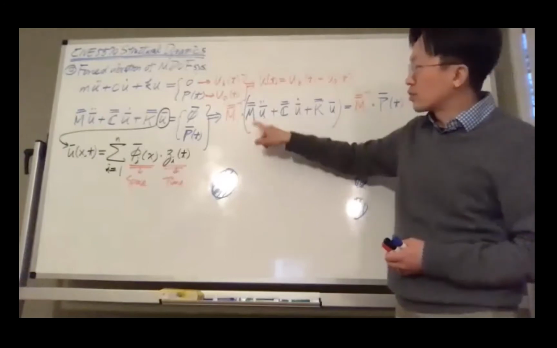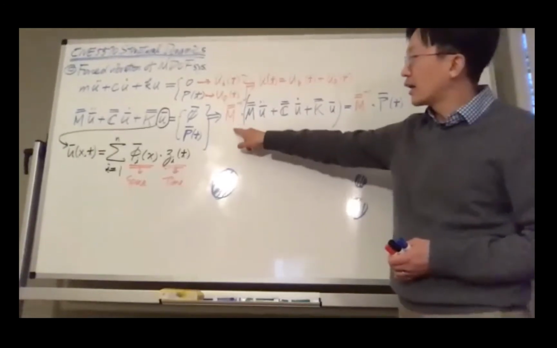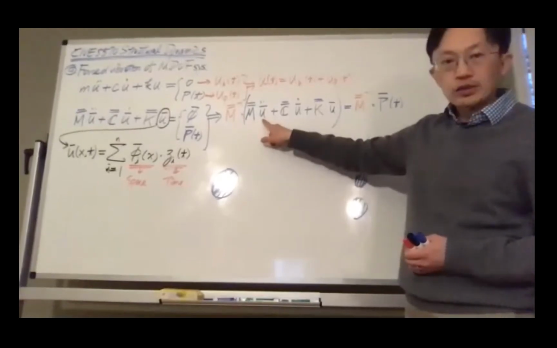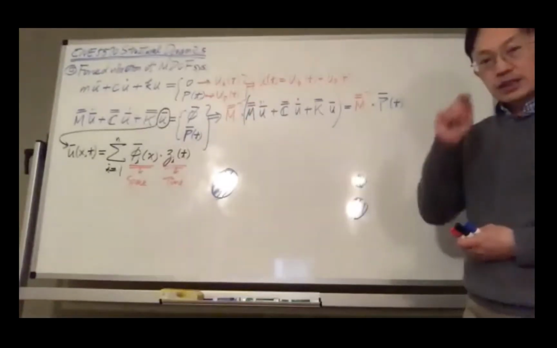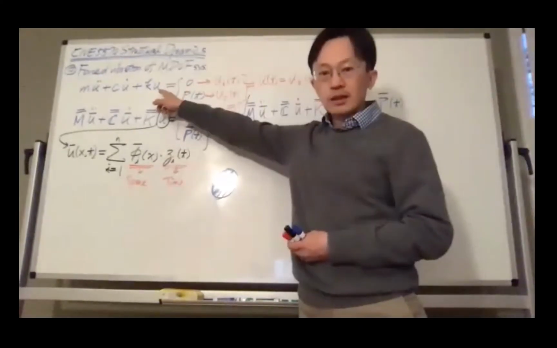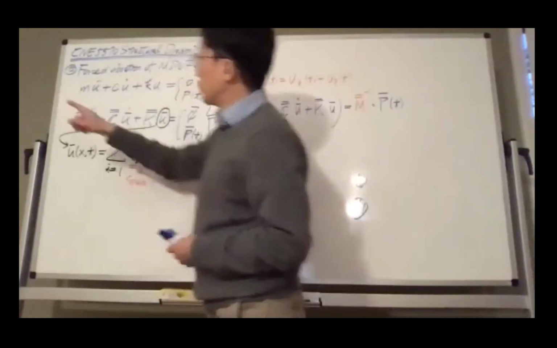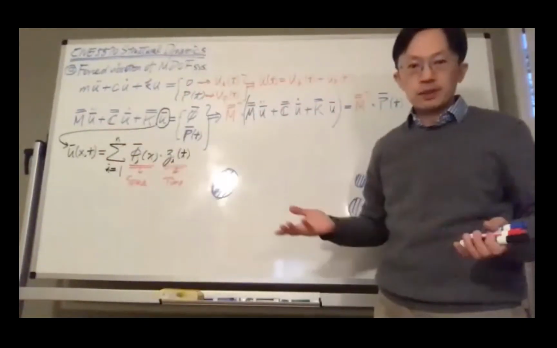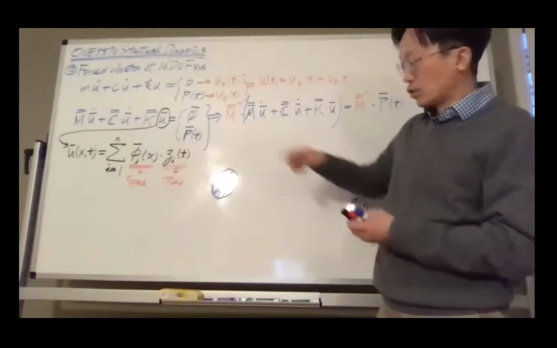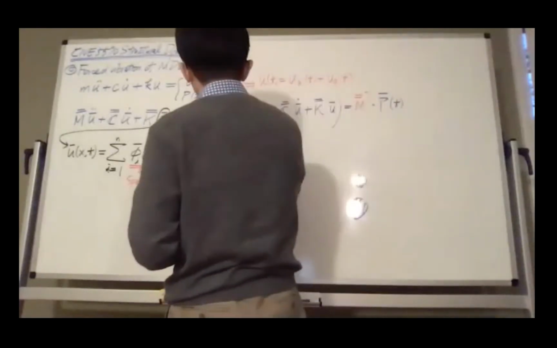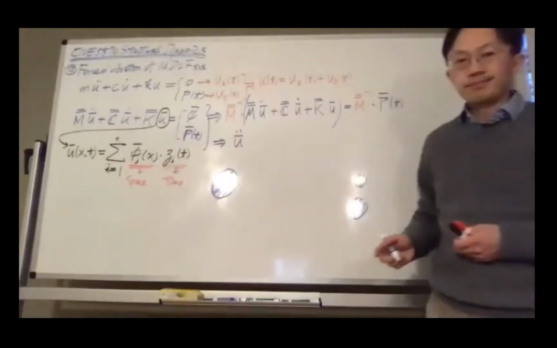So the product of these two will just give you an I, and this I multiplied by the acceleration vector will become just the acceleration vector. This is just like when we deal with scalars. Any number multiplied by the inverse of itself will just become unity. So this will lead to only the acceleration vector for the first term.